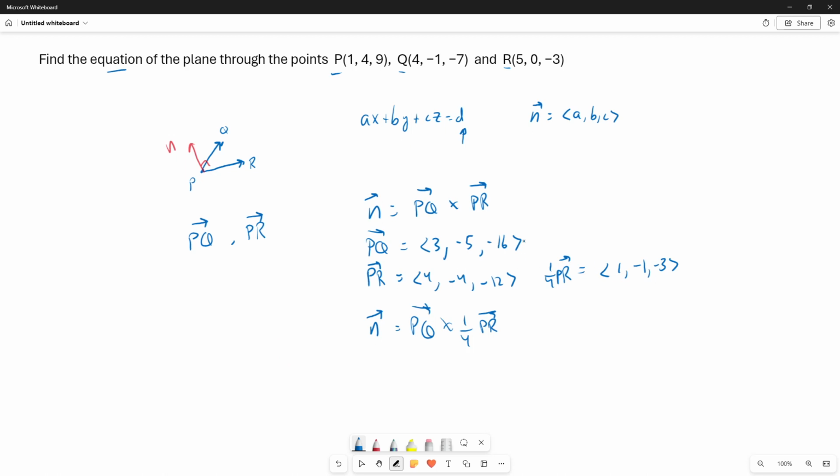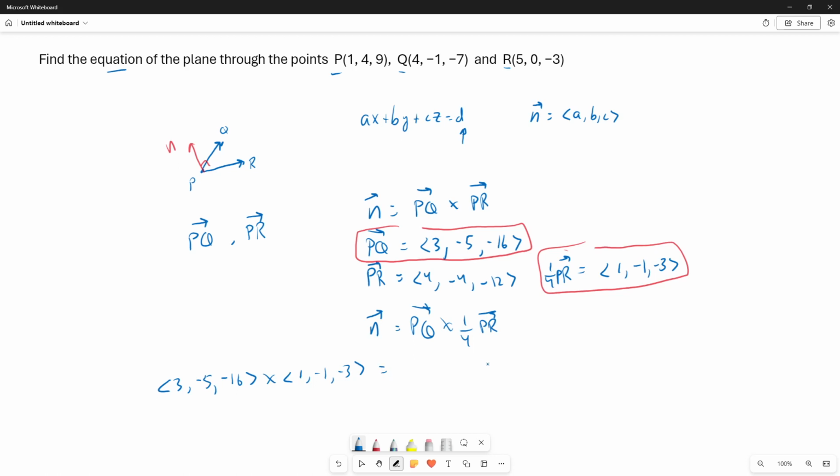So we have to make this cross product between PQ and 1/4 PR. So that cross product, 3, -5, -16 cross 1, -1, -3, is obtained by doing the determinant of a 3 by 3 matrix. We'll put I, J, and K up top, and then we'll put PQ, which is 3, -5, -16, and the 1/4 PR, 1, -1, -3.